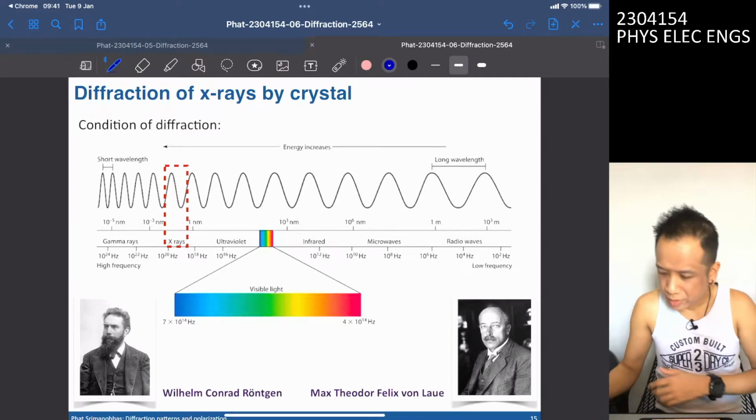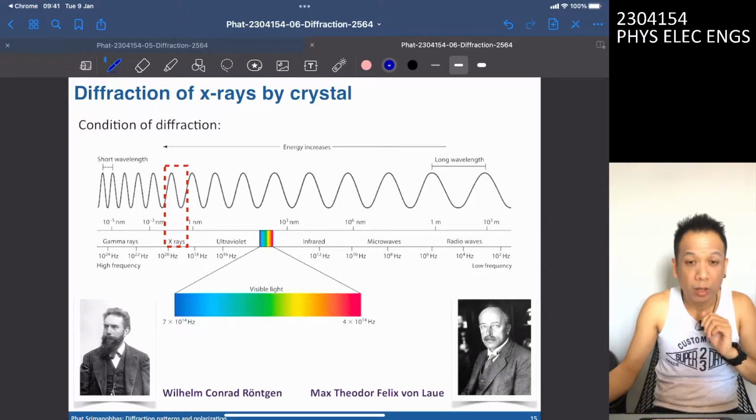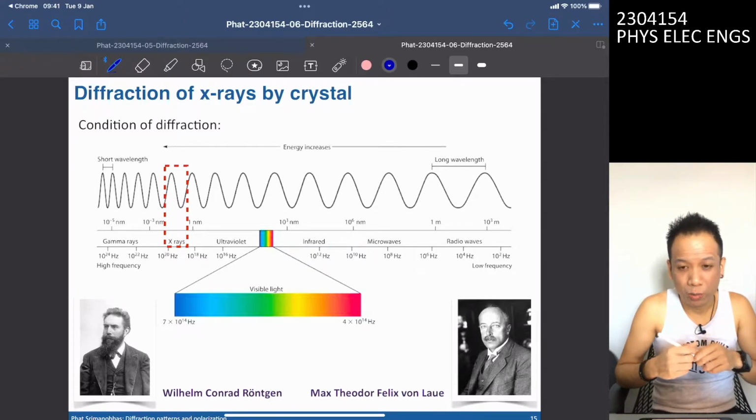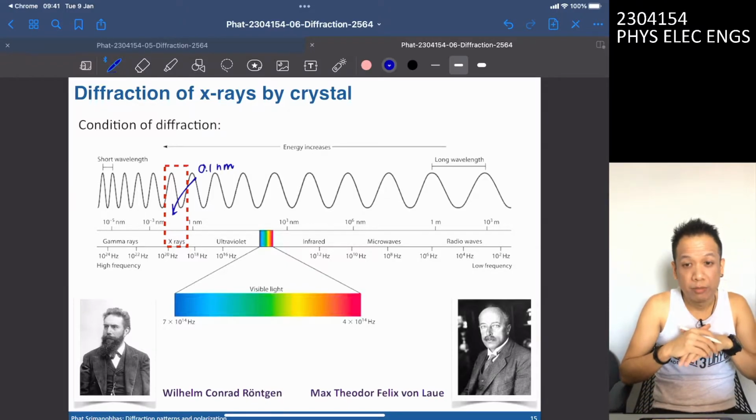The X-ray was discovered by Röntgen, and the wavelength, from the figure, is about 0.1 nanometers. So it's very, very small, right?